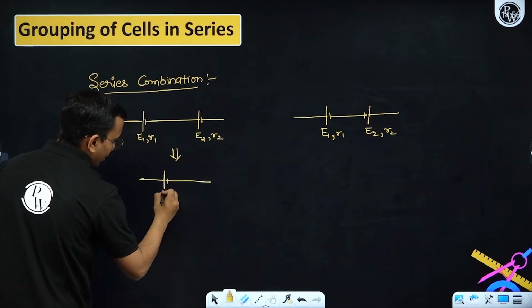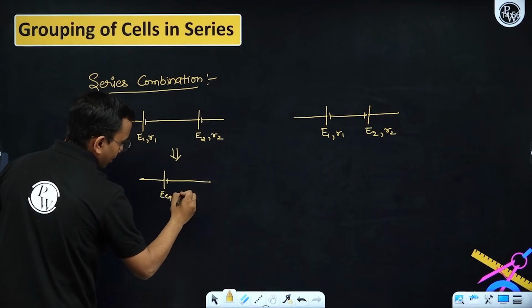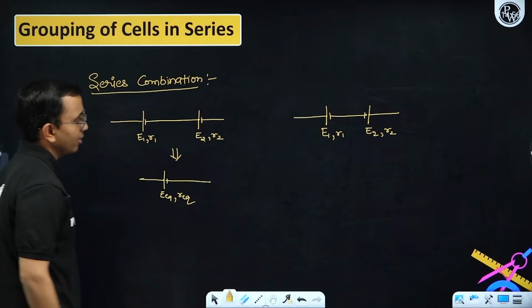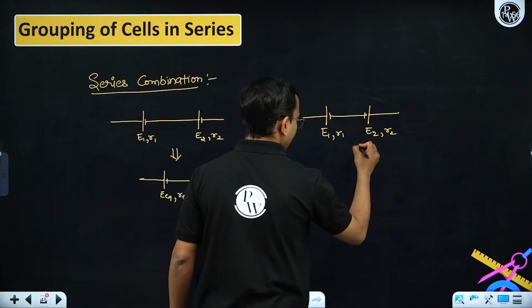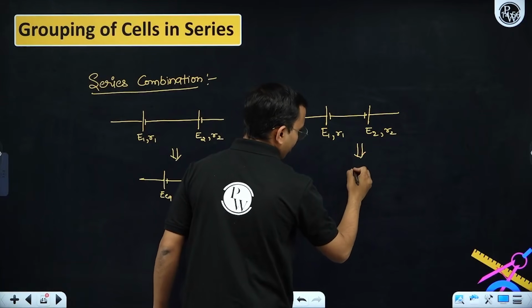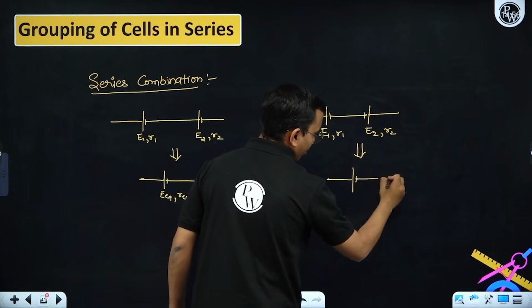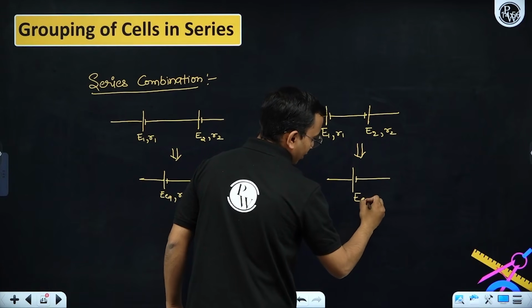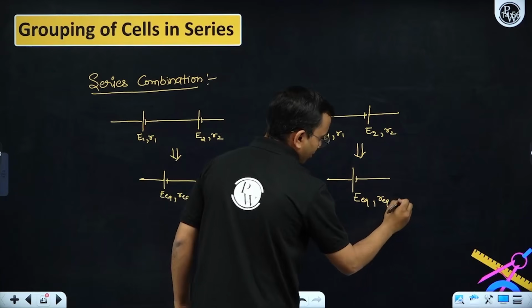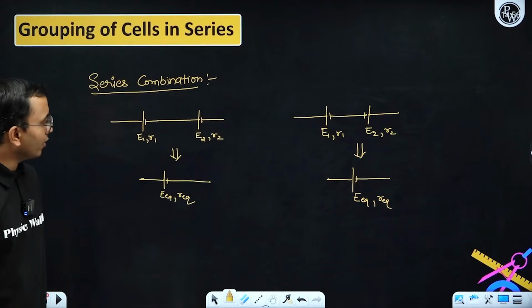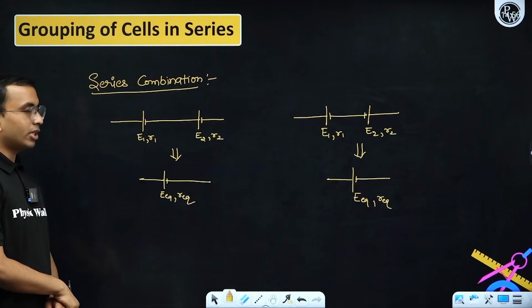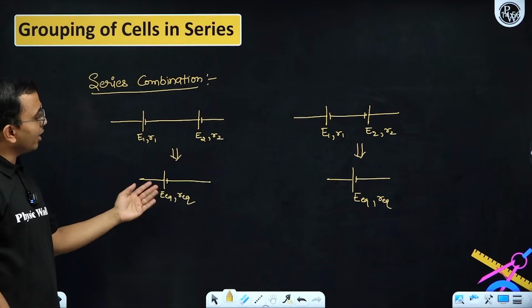This is my E equivalent, internal resistance R equivalent. Similarly here this is my E equivalent, internal resistance R equivalent. Now in this particular case, how to find basically E equivalent and R equivalent?